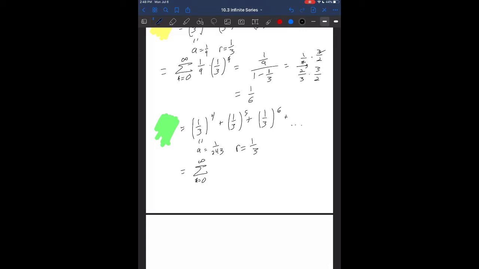And so I can plug everything in and say this is the sum from k equals 0 to infinity of 1 over 243 times 1/3 to the k. And I can use my a over 1 minus r to solve what this is going to be. The math is going to get pretty nasty, so I don't want to do that in this case.